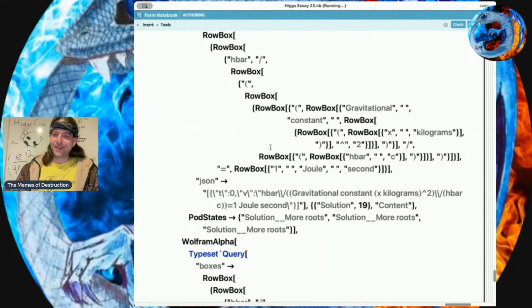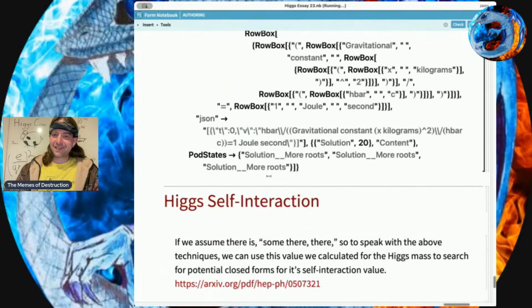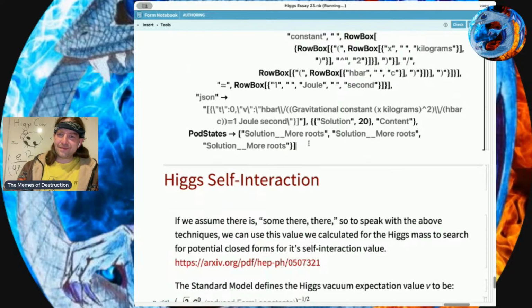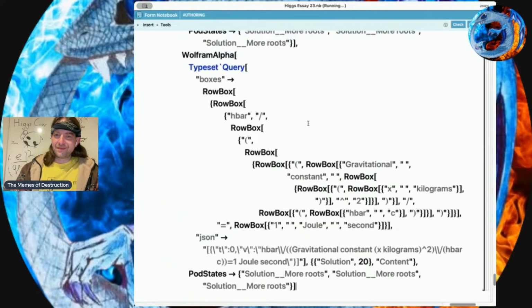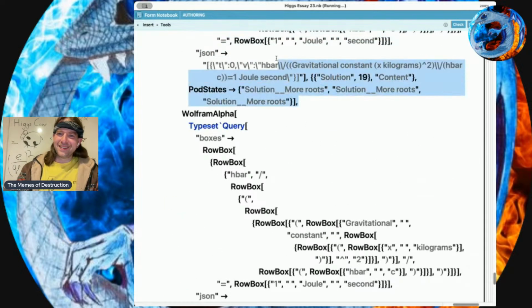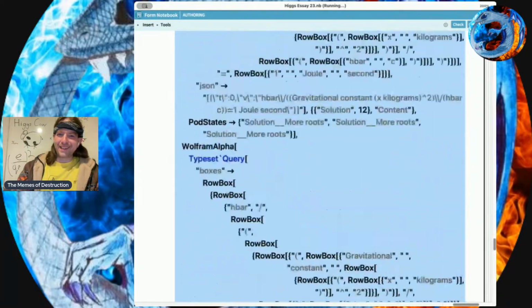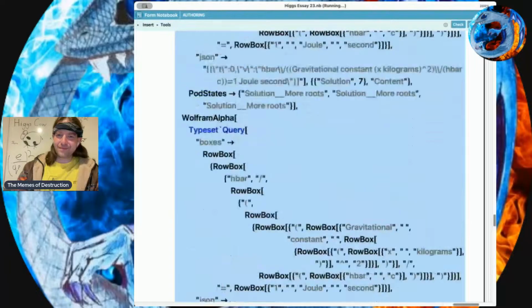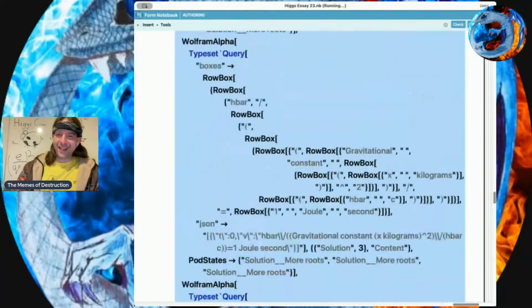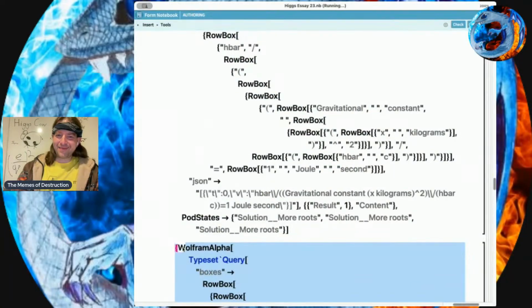Like the 20th root. I mean, this is so contrived. I don't know why it was giving me so many things. Oh, look, it's waving, yay.